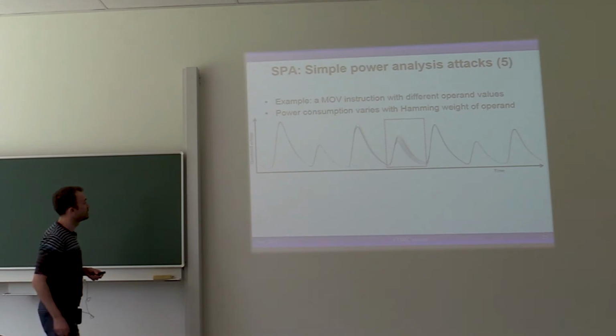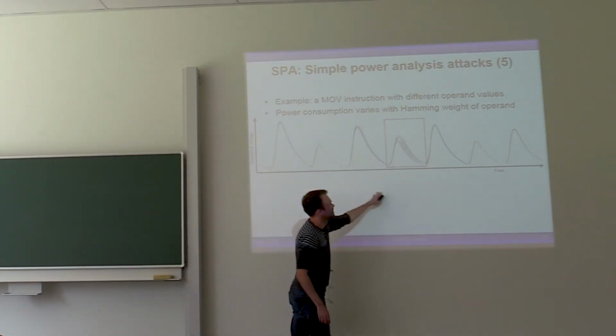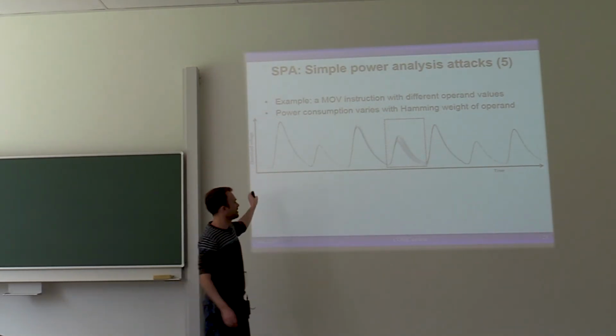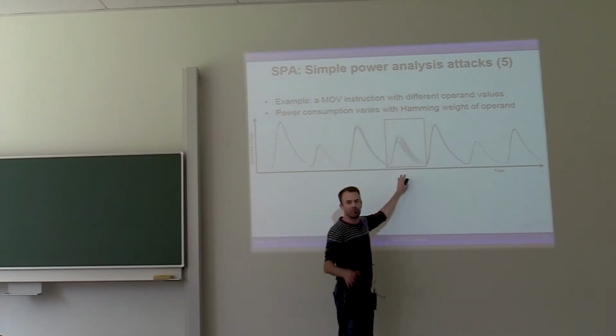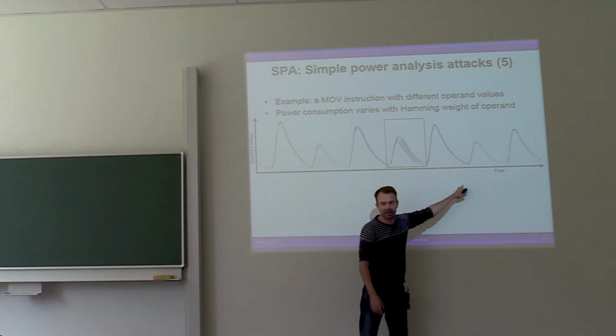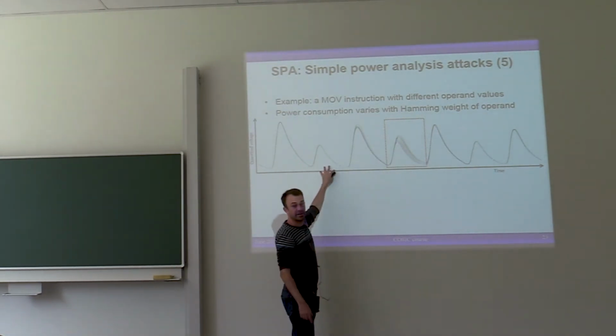So just to give an example, this is again the power consumption measurement. Here's the time, here's the amplitude. And it's just a very simple code that does nothing, and then it just moves 1 byte of data from one place to a different place, and again it does nothing. The important point is, when it does nothing, repeat it.